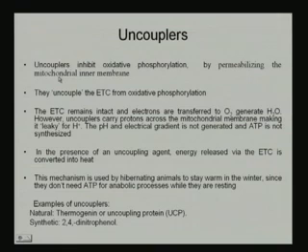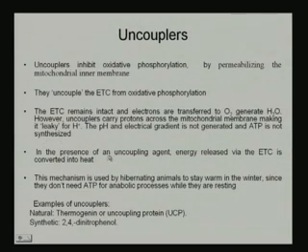The role of uncouplers in inhibiting oxidative phosphorylation is already there, and mainly they uncouple the electron transport chain from oxidative phosphorylation. The electron transport chain remains intact and electrons are transferred to oxygen, generating water. However, uncouplers carry the protons across the mitochondrial membrane, making it leaky for hydrogen ions. The pH and electrical gradient is not generated and ATP is not getting synthesized.